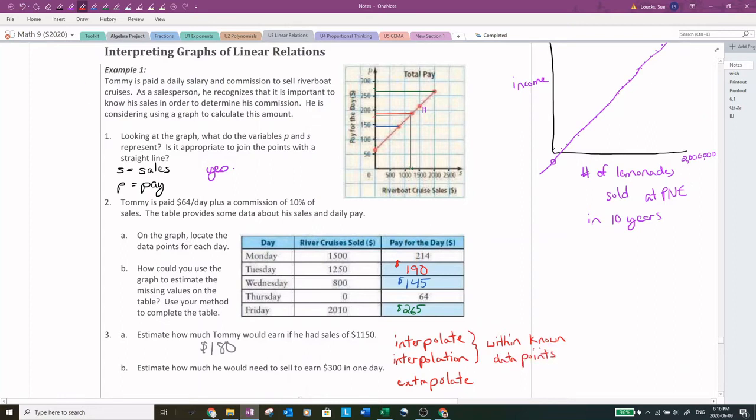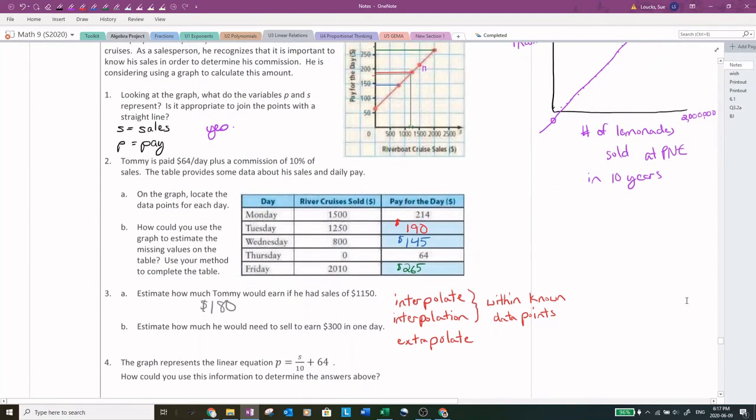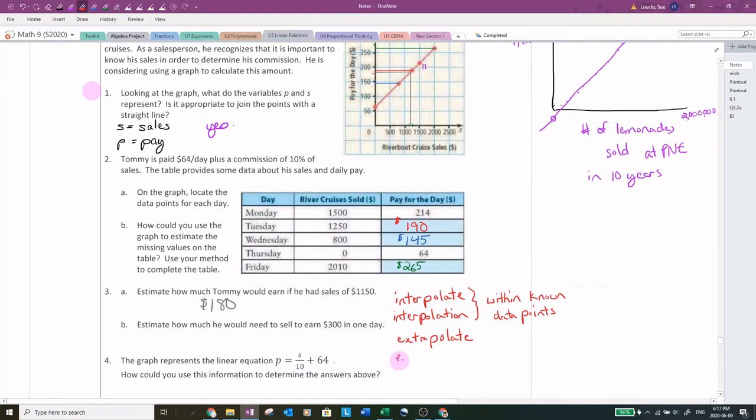So all of the things we've done so far are between our 0 sales and our 2010 sales, dollars in sales. So we've been interpolating so far. Everything has been within those data points that we had. Extrapolate or extrapolation.